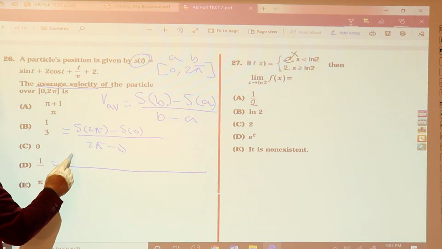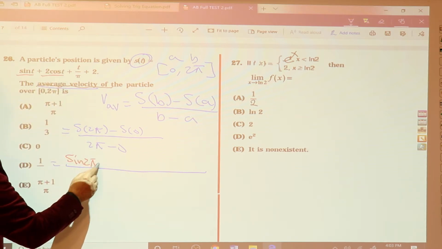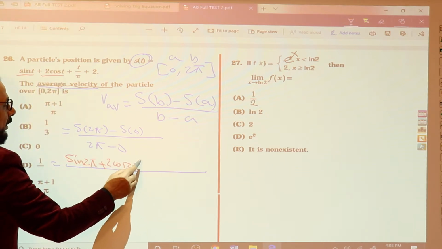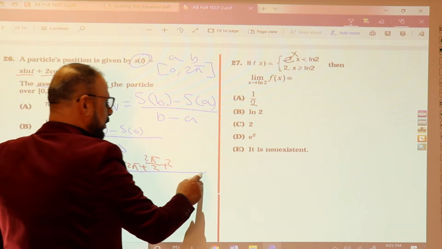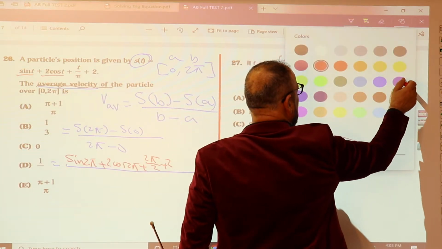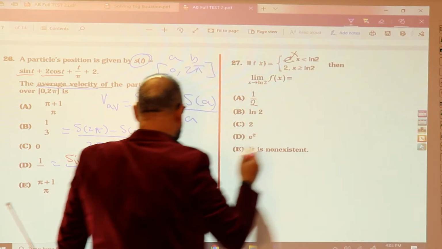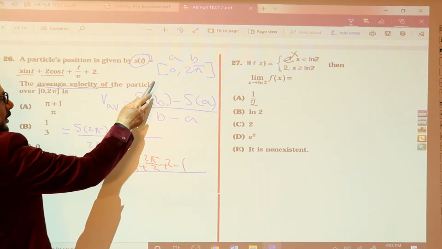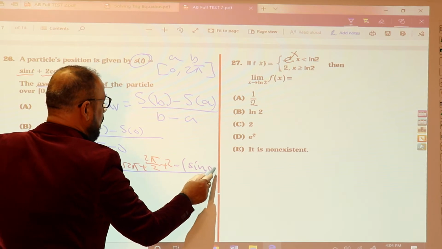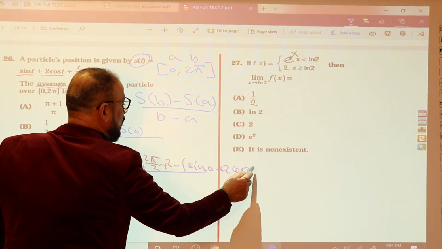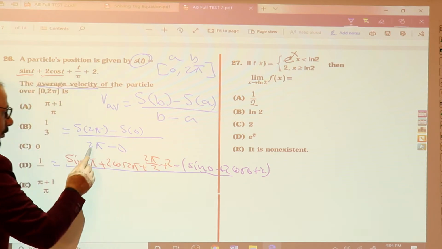S of 2 pi, plugging 2 pi into this function: sine 2 pi plus 2 cosine 2 pi plus 2 pi over 2 plus 2, minus, when you plug in the 0 here, sine 0 plus 2 cosine 0 plus 0 over 2 plus 2, all over 2 pi.